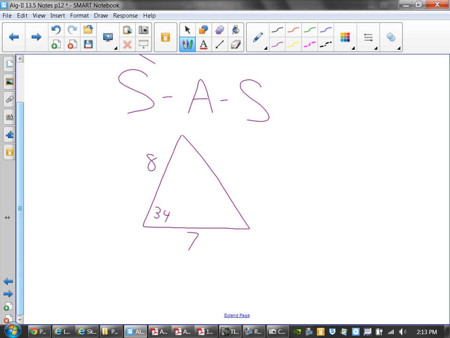That's what that would look like. So when you're working with the area of a triangle, if you are given the side, angle, and a side, all you have to do is the following. The area of the triangle is 1/2 the side times the side times the sine of the angle.